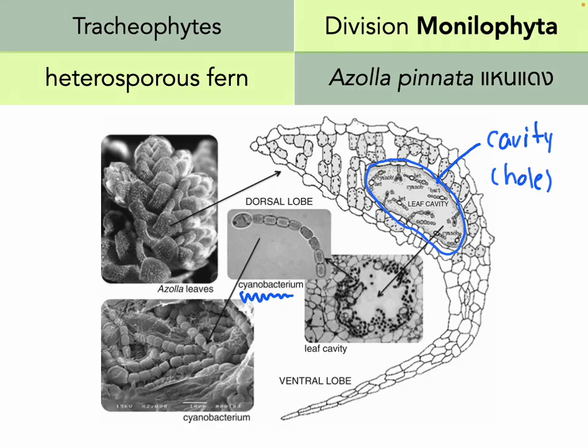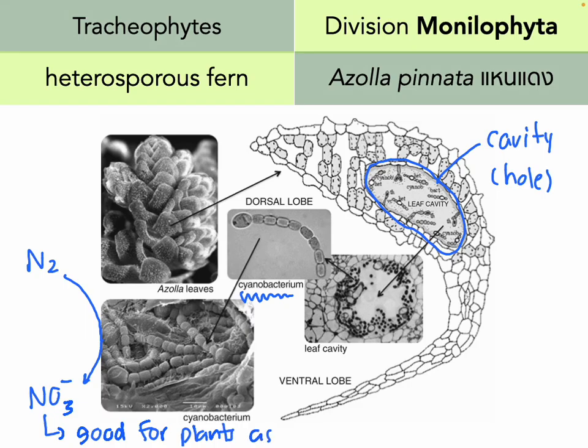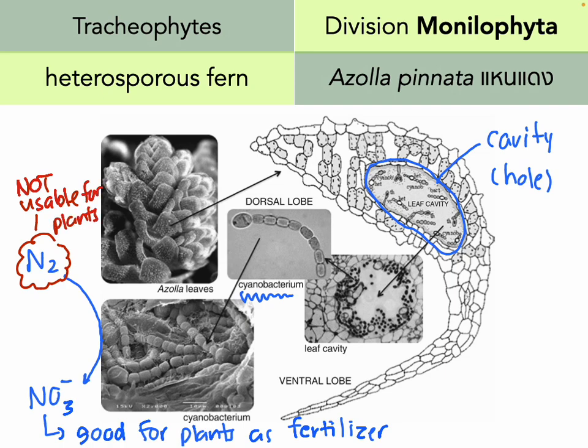It's a different type of organism living there, and the cyanobacteria can turn nitrogen into nitrate. So a little bit of chemistry, I'm sorry. This nitrate is good for plants as fertilizer. Because typically the nitrogen in the air is not usable for plants.